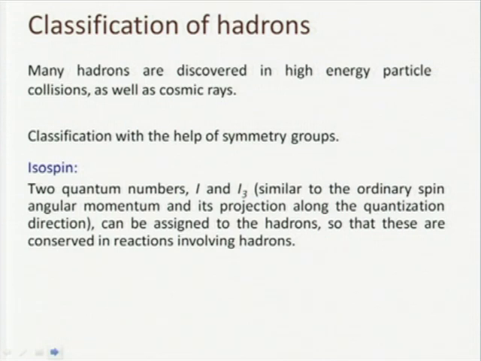One thing very useful in classifying the particles at this stage is assigning them a quantum number called isospin. This is very similar to the ordinary spin, in the sense that when we do the algebra, when we treat them mathematically, or when we look at the symmetry groups or the mathematical form of the symmetry, it is exactly similar to the spin.